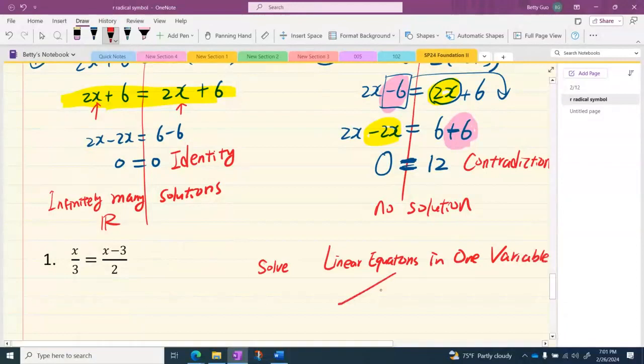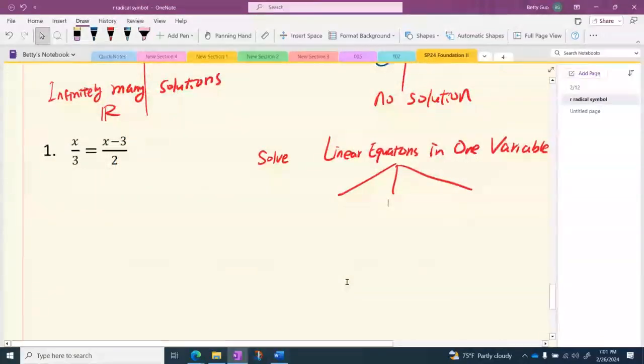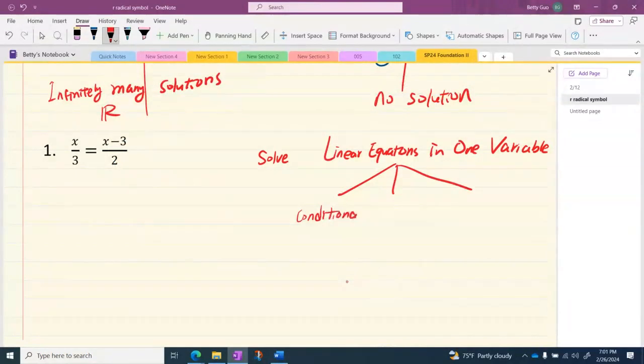We have 3 types of linear equations in one variable. The first type is called conditional. Second type is called identity. The third type is called contradiction.